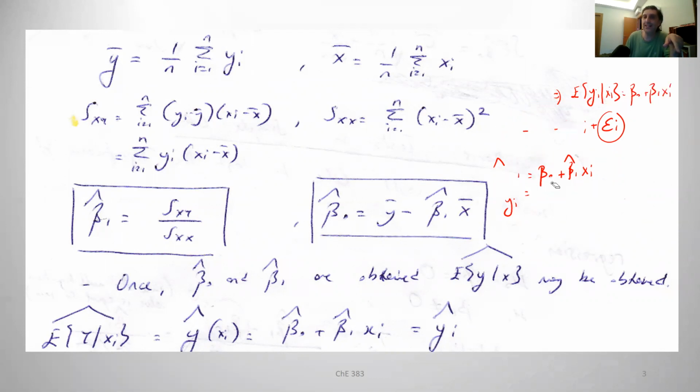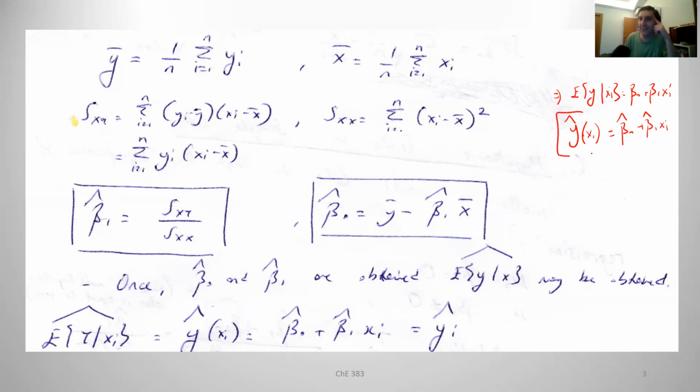And now note that the equation that we have is pretty much similar to this form: y at xi hat is equal to beta 0 hat plus beta 1 hat xi.